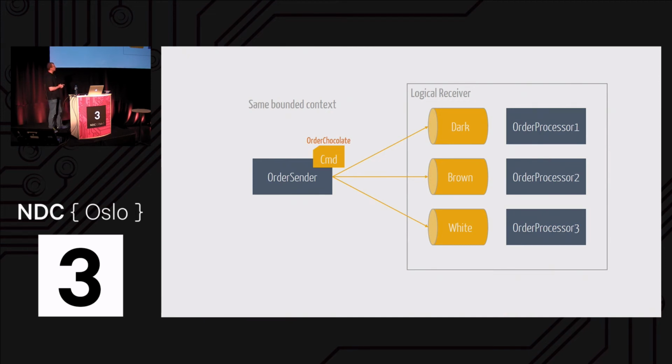So the UI composite in our order management microservice that is living on the stateless front end will issue a command, order chocolate, to the order backend part, which is receiving these orders. It's okay that the sender of a command knows the destination of the receiver, because with the command pattern we essentially have logical coupling, but that's okay because we belong to the same bounded context, right?